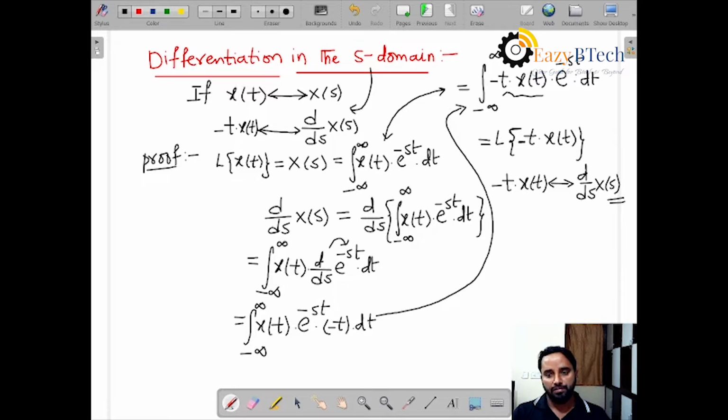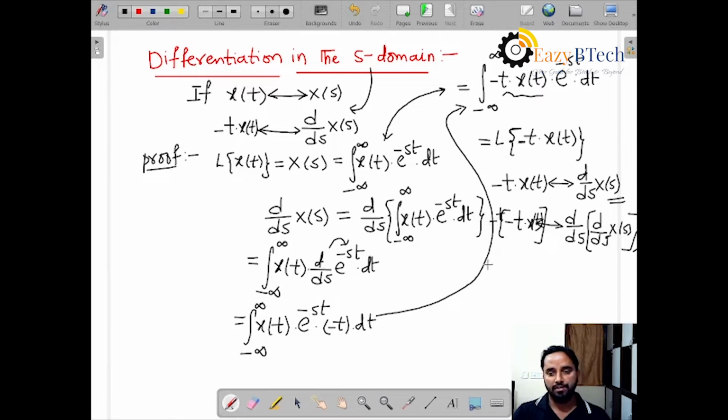For example, if you perform a second differentiation of X of s, then again d by ds of the derivative. On the left side, minus t into x of t is again multiplied by minus t.